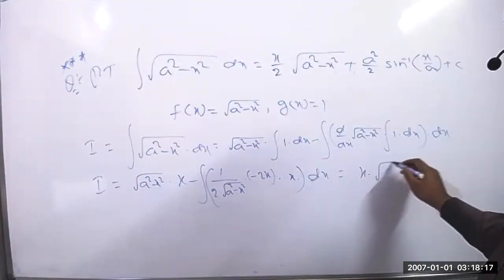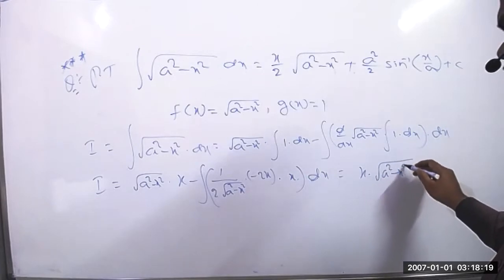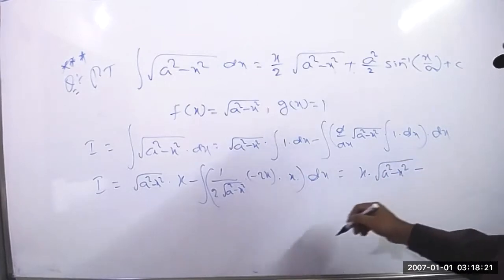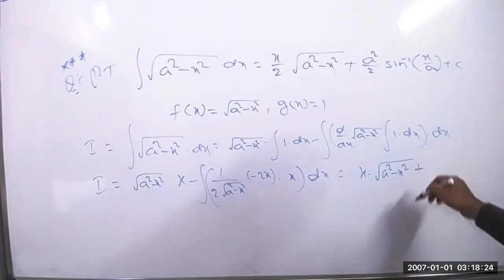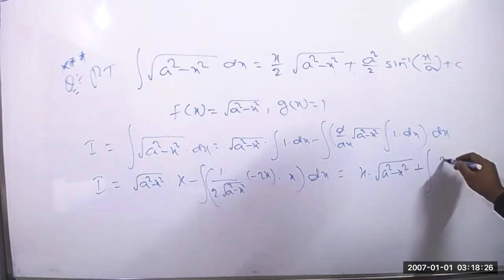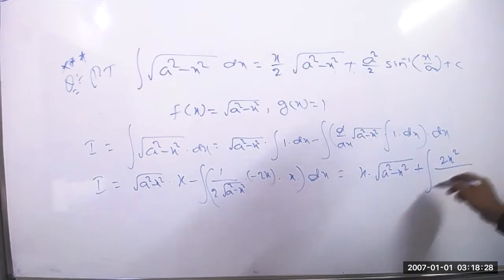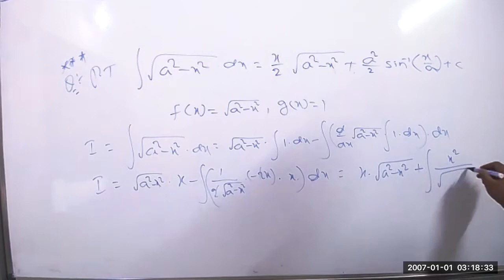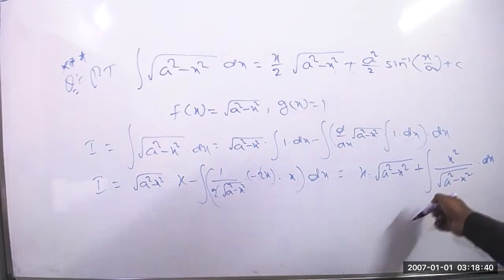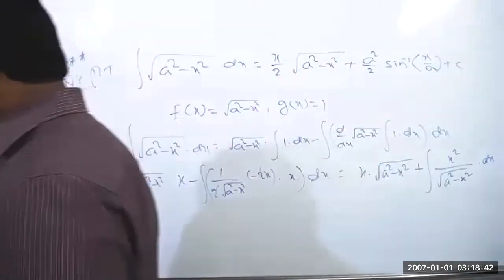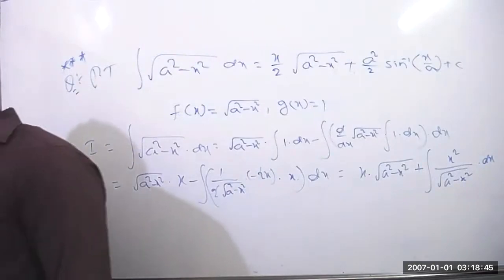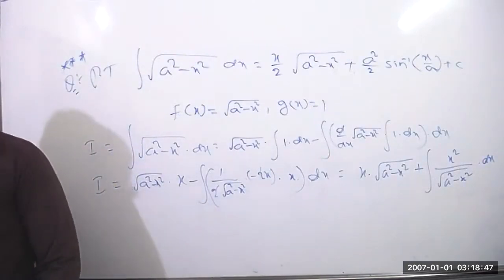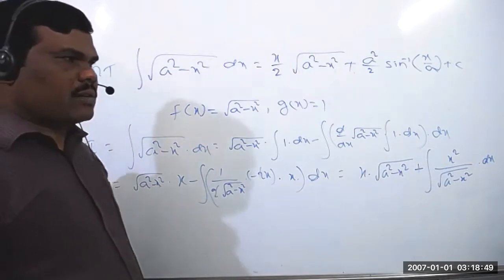So it is equal to x into root of a square minus x square minus, clearly, minus into minus you can write plus here. So integration of 2x square whole by, again 2 also cancels, so 2x square by root of a square minus x square into dx. Now this one you can split. One time you can add 1 and subtract 1, and plus a square minus a square you can take.